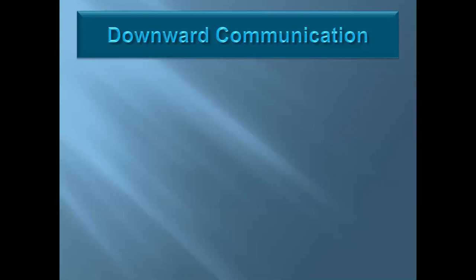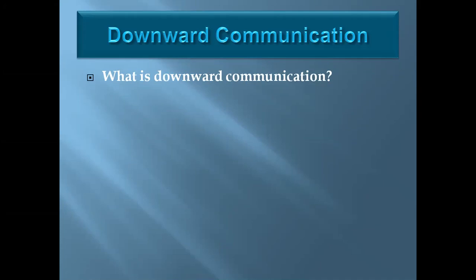First, we will understand what is downward communication in simple words. Always remember, any organization follows a chain of command. This chain of command is called hierarchy. So every organization follows a hierarchy.